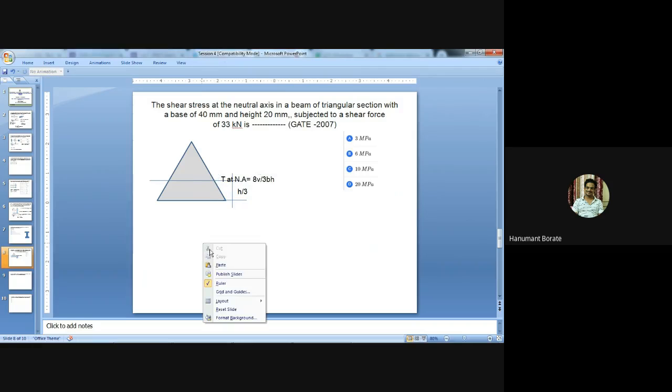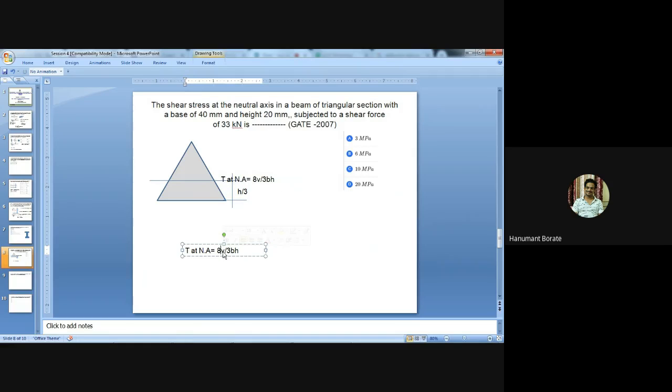I will copy this formula: 8V, value of shear force. The answer is in MPa, so we need to convert 33 kilonewton into Newton, 33 into 1000, divided by 3BH, where base is 40 and height is 20.